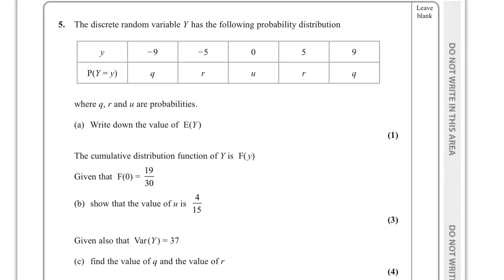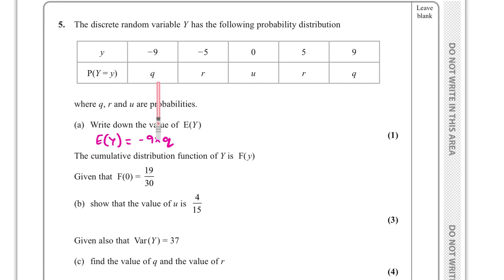Okay, so question 5. The discrete random variable y has the following probability distribution, where q, r, and u are probabilities. Write down the expected value of y. Now, by looking at the graph, I can already see what it is. However, the expected value of y is minus 9 times q.